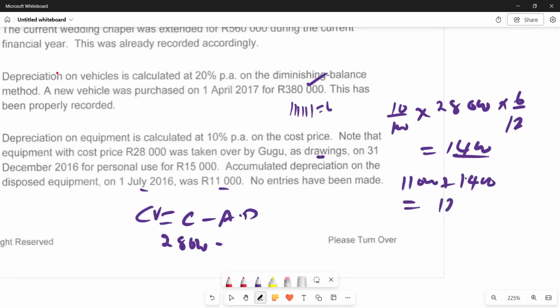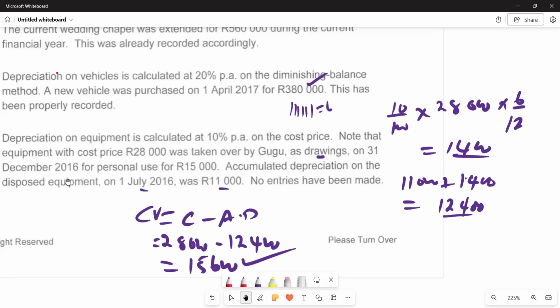Then you are going to get your 12,400. So this is accumulated depreciation, which you are going to subtract, 12,400 from 28,000. If you say 28,000 minus 12,400, we are going to get 15,600. So this is the carrying value at disposal.